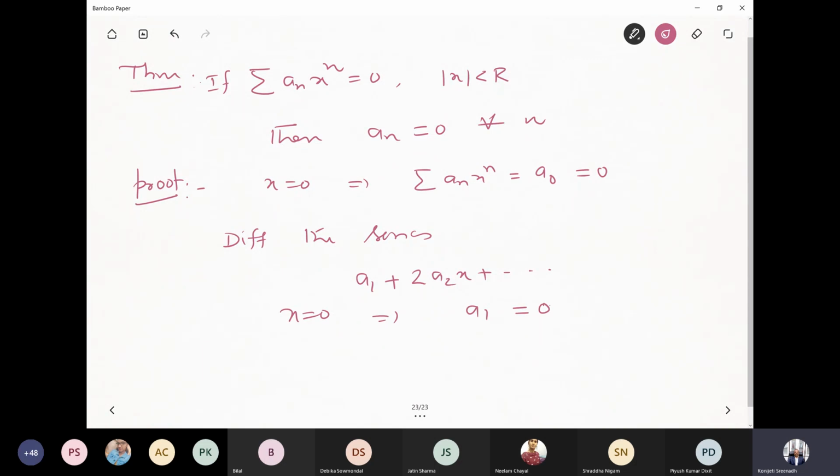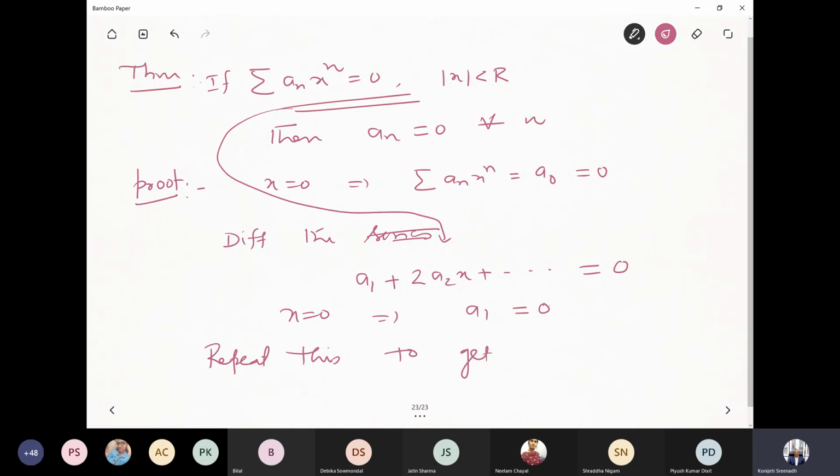Okay, so differentiate the series means we differentiate this relation. So repeat this to get a_n is 0 for all n. Okay.